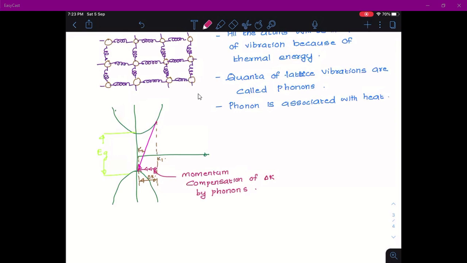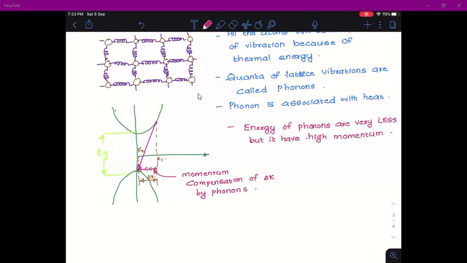Okay. Now, the energy of phonons is very less, but they have high momentum. Just like the energy of photons is very high, but they have less momentum.